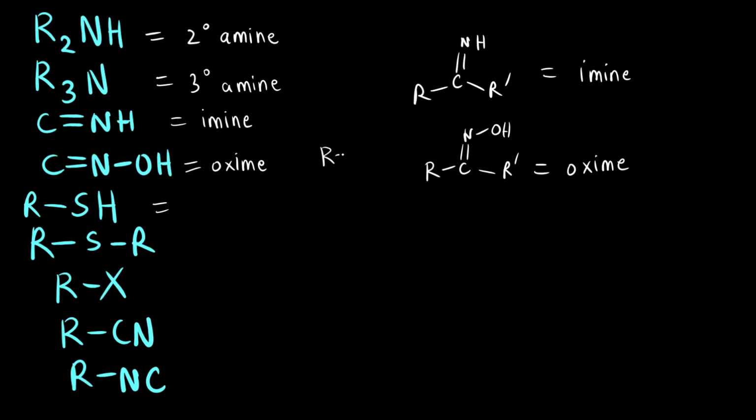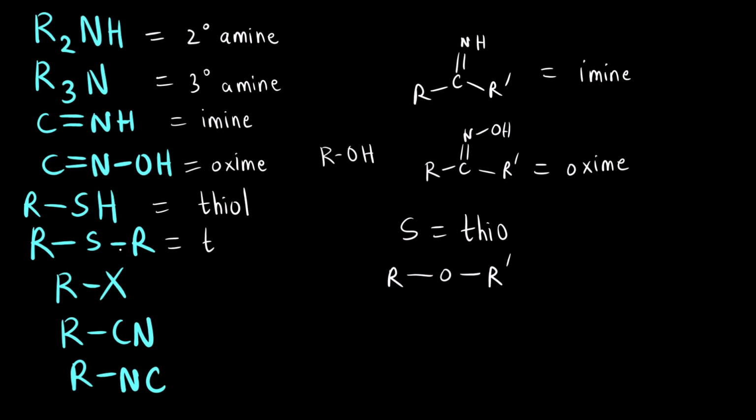And just like ROH, we call it alcohol. For sulfur, you have to remember, we use a prefix called thio. So RSH is called what? It is called thiol. Similarly, this was ether, right? ROR dash was ether. Here, instead of oxygen, sulfur is present.